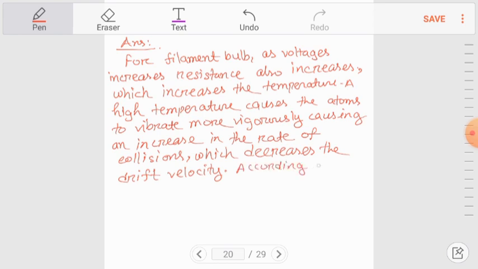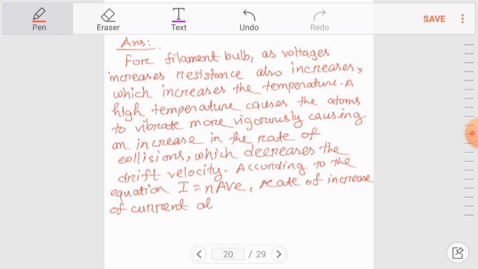According to the equation I equals nAvq, the rate of increase of current also decreases. So this was the entire part for the filament bulb.